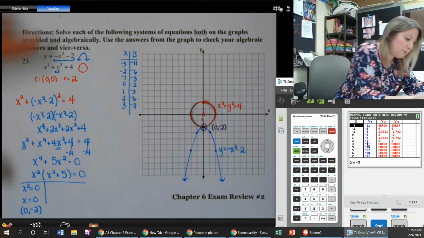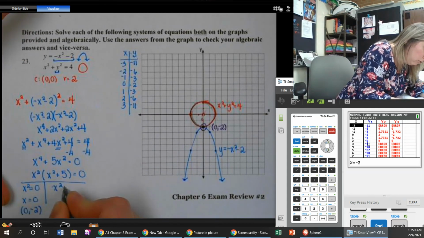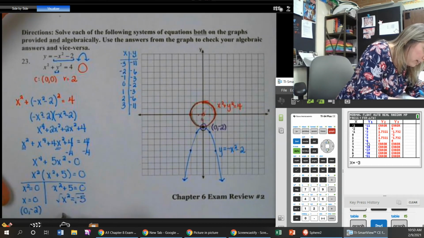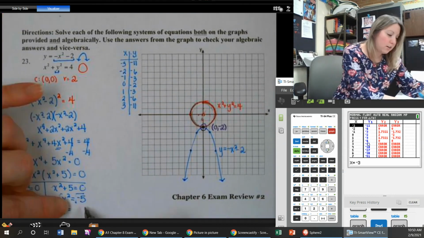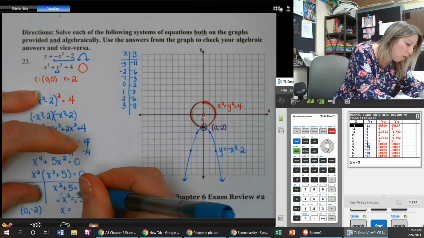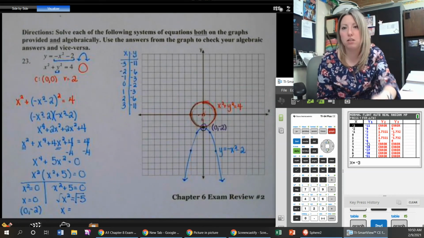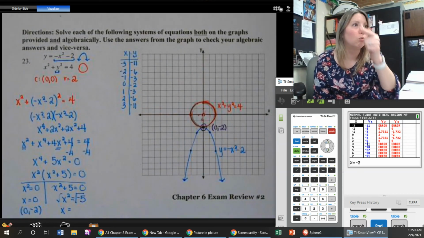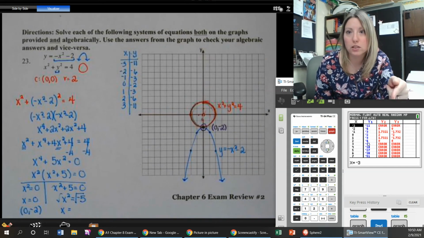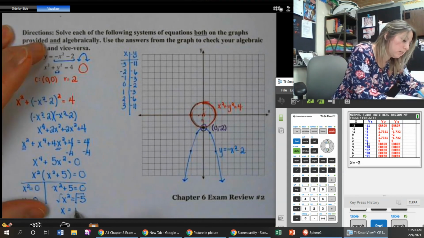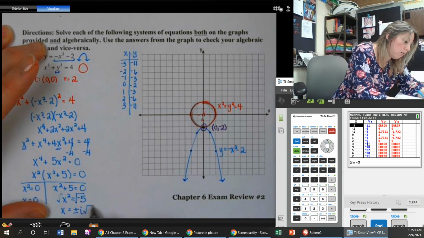And that was the one intersection point. The reason I say that makes sense is because if I try to solve this quadratic equation, I have to subtract 5 over here and then take the square root of both sides. I end up getting a negative number under the radical, which is imaginary, so that doesn't yield any real response. So here, this is actually plus and minus i radical 5.